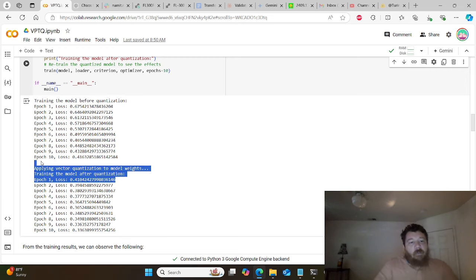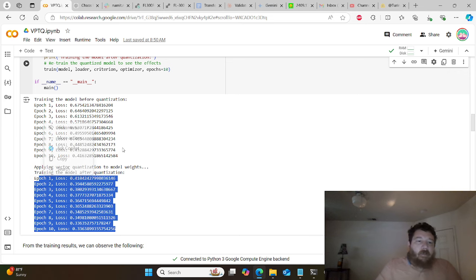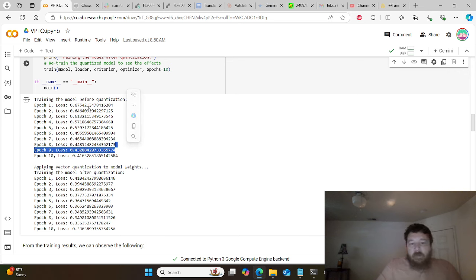And then we can see the loss rate, it's not learning as well within this, right? Because it starts off at 0.67, goes down to 0.41. In this instance, it starts off at 0.41, goes down to 0.33, right? So we have almost a 0.3 difference here, and then we have not even a 0.1 difference here.